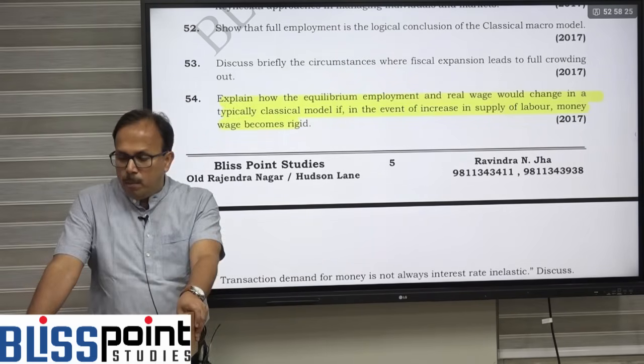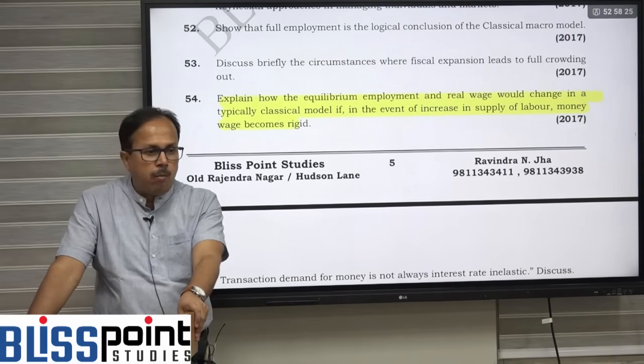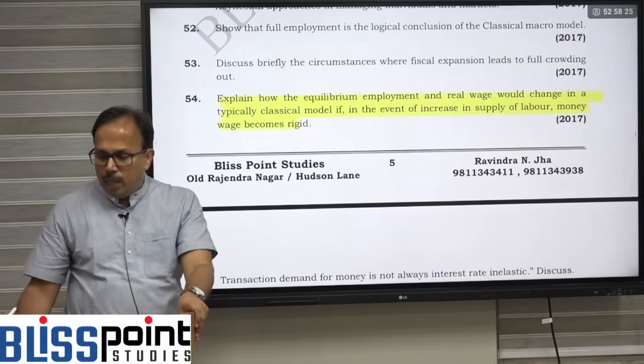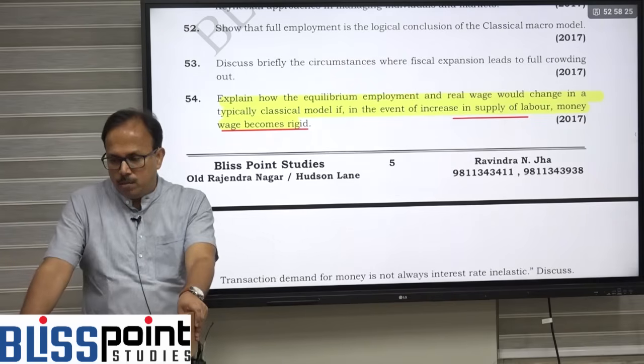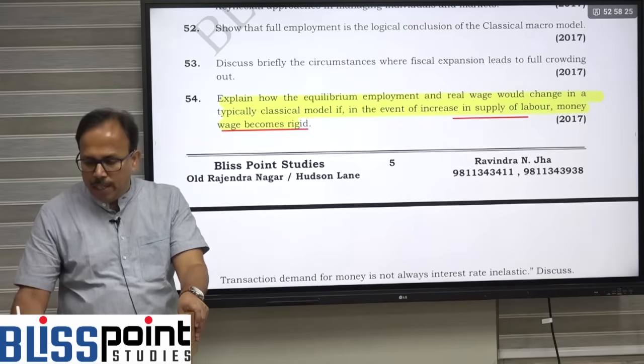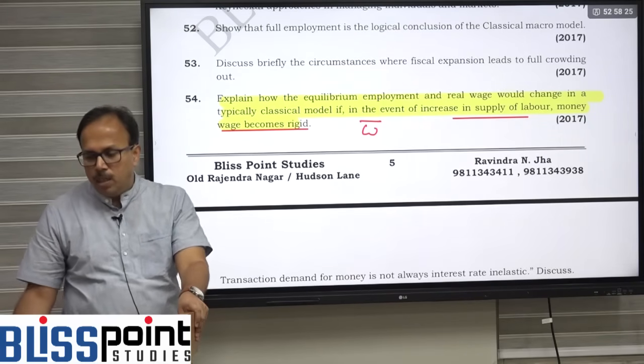Explain how equilibrium employment and real wage would change in a typical classical model in the event of an increase in supply of labor. Money wage becomes rigid. That means the question is saying that money wage is rigid and supply of labor increases.